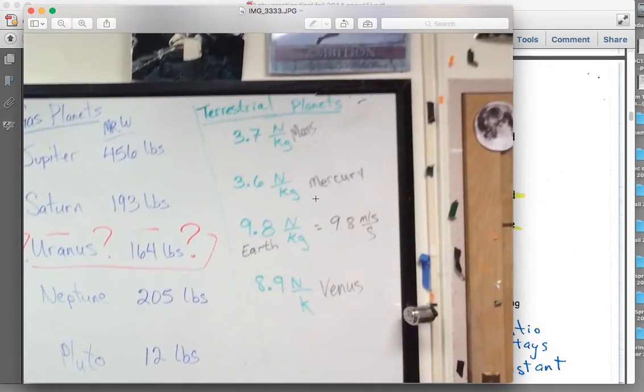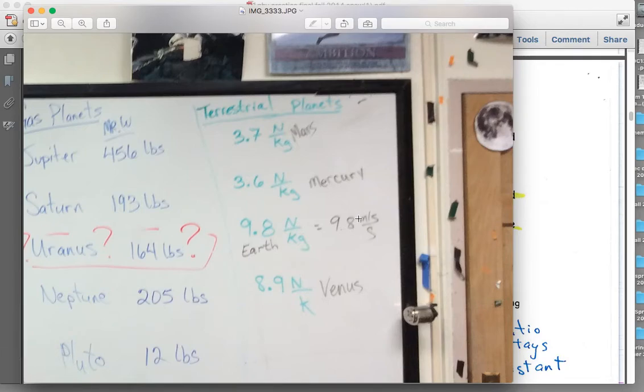So, we said that on Mars and Mercury, there's smaller planets where you wouldn't weigh as much. This is the force to mass ratio for Mars, the weight to mass ratio for Mercury. 9.8, that's our weight or force to mass ratio here on Earth.